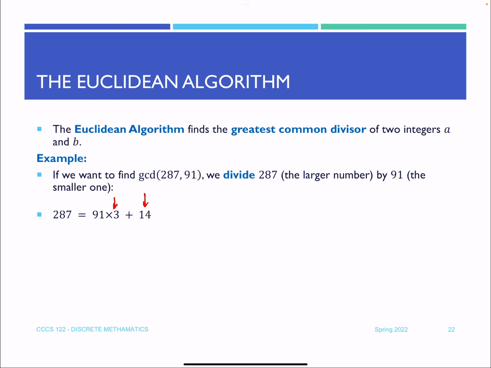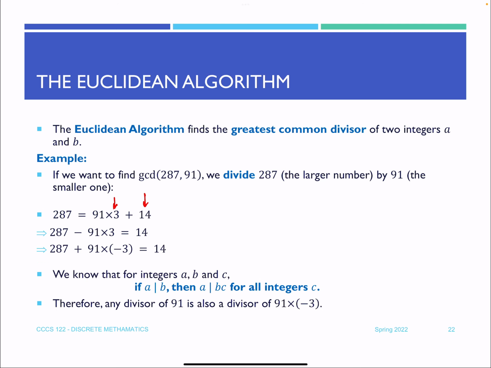All right. So the remainder is non-zero, which means 91 does not divide 287. We know that for three integers a, b, and c, if a divides b, then a divides bc for all integers. So therefore any divisor of 91 will also be a divisor of 91 times 3.